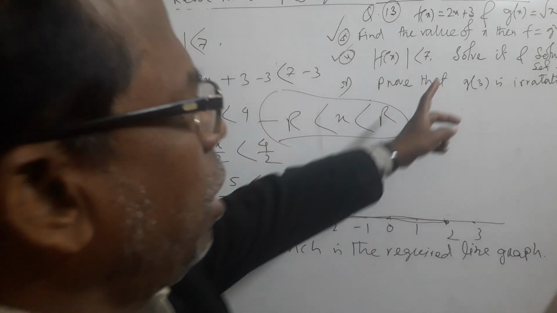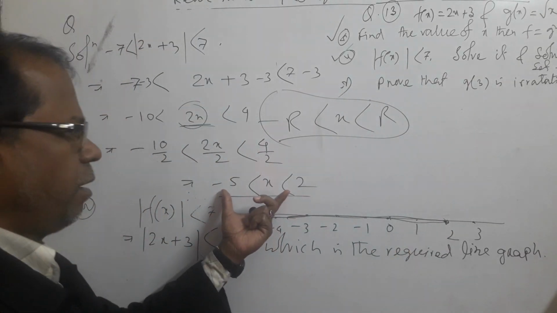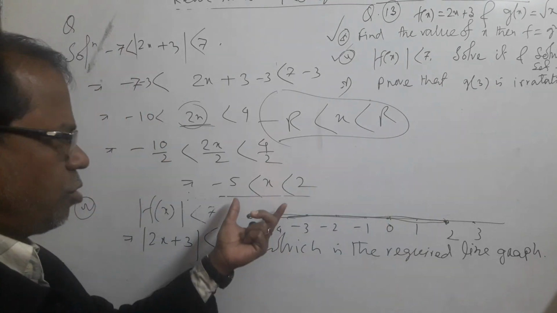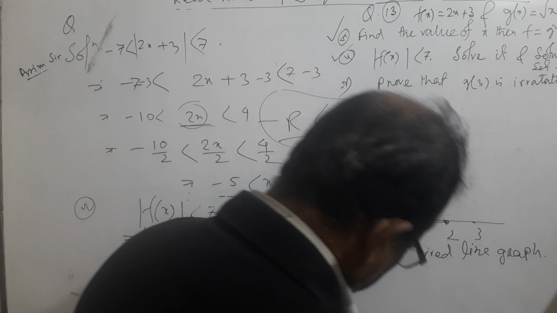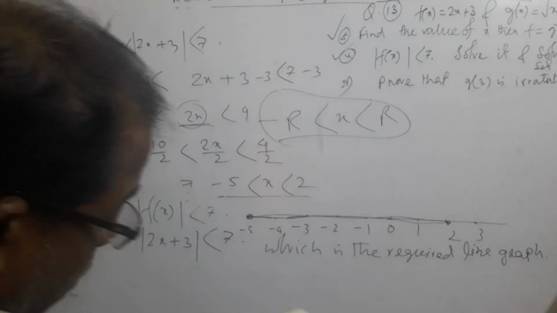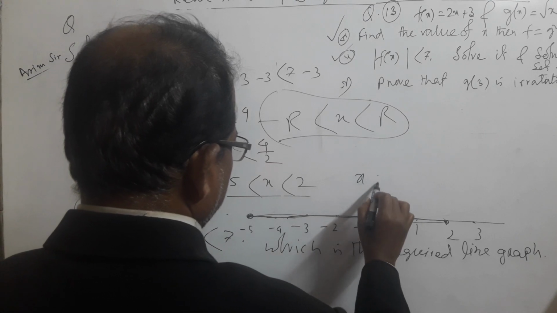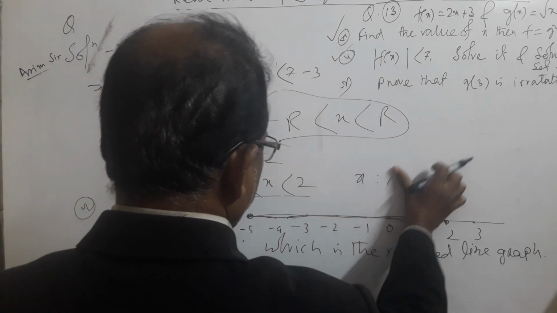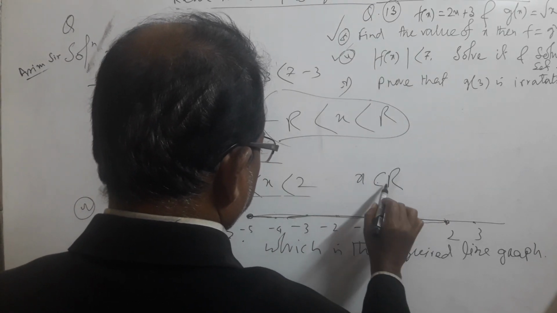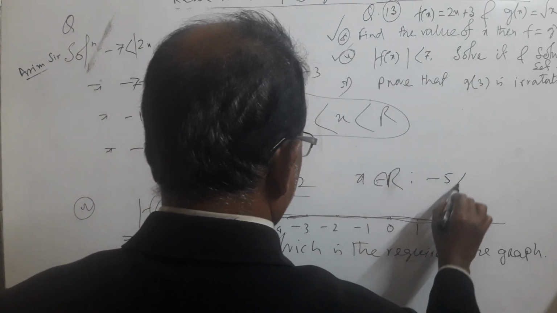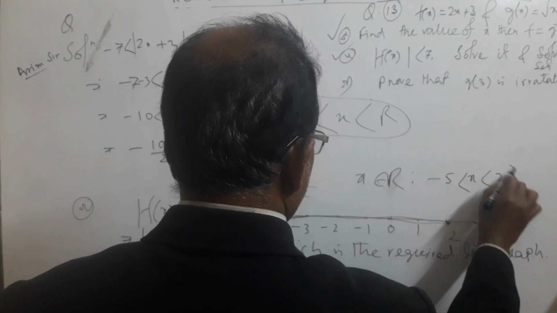The solution set is x such that x belongs to real numbers, minus 5 is less than x is less than 2.